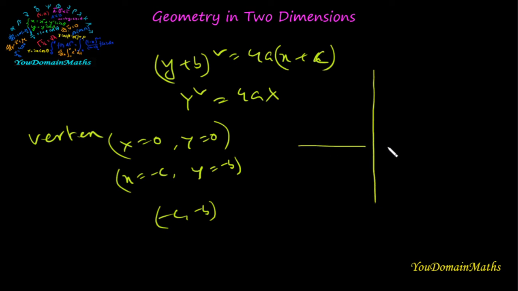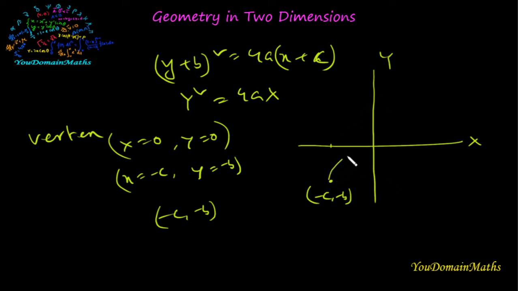That means in the figure, x is minus c and y is minus b, so there is the vertex. And this type of shape is maintained.